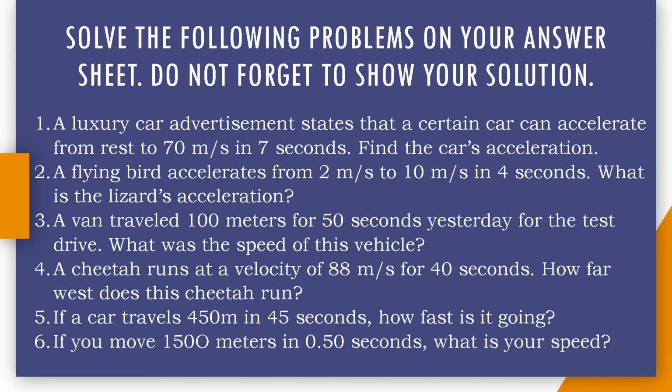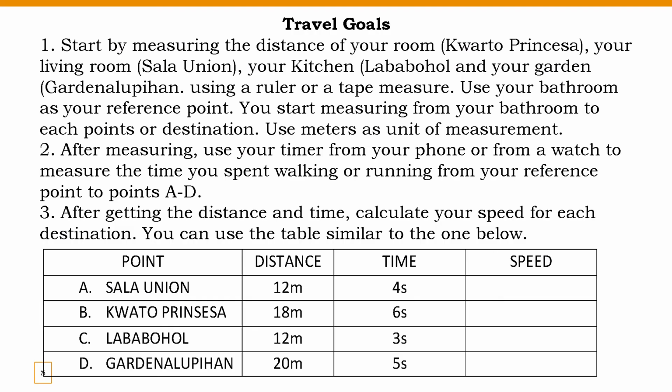So, for your activity or performance task, you may answer these problems on your worksheet that is already written in there. And you have to write your solution para recorded yung inyong activity. So, aside from that, can we answer this travel goal?